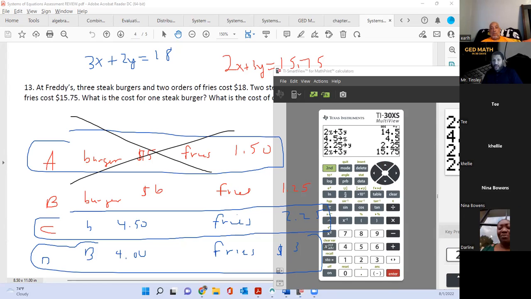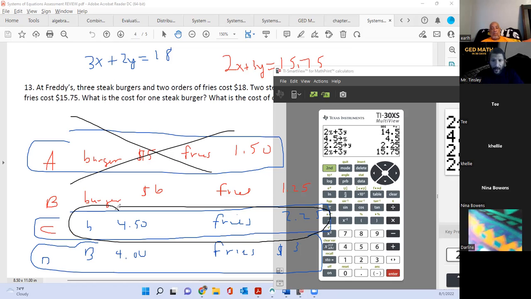So what I want you to realize is this. They give you a system of equations and they give you the answers in the multiple choice. Plug them into both equations, and then you don't have to do all the algebraic work. You just have to identify the 2 equations, and then you plug those numbers into those 2 equations until you satisfy both equations.